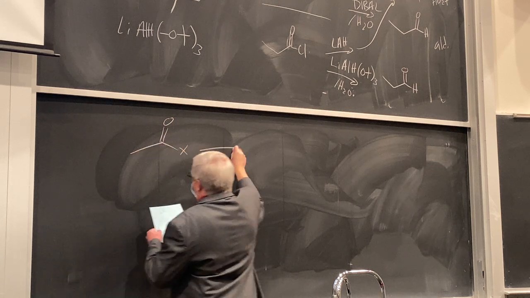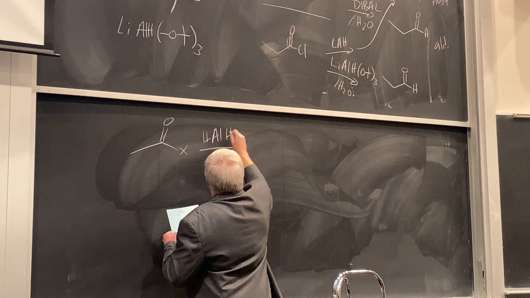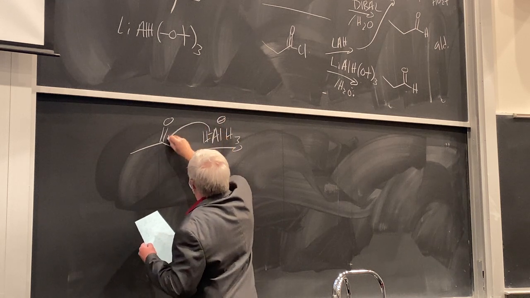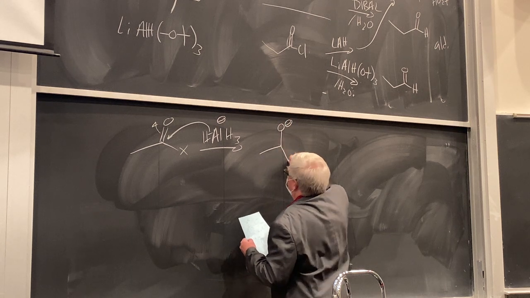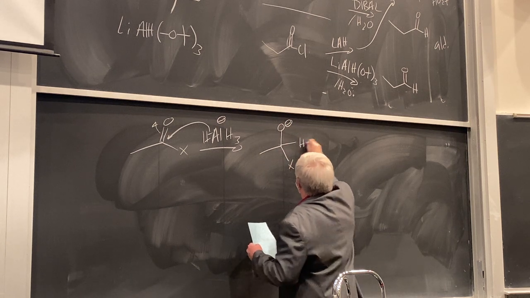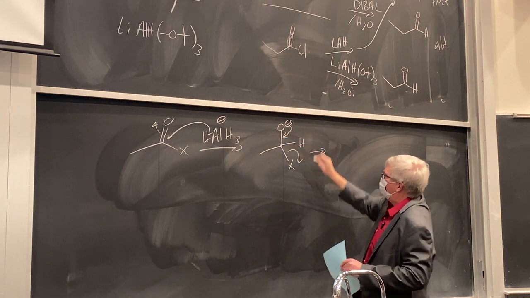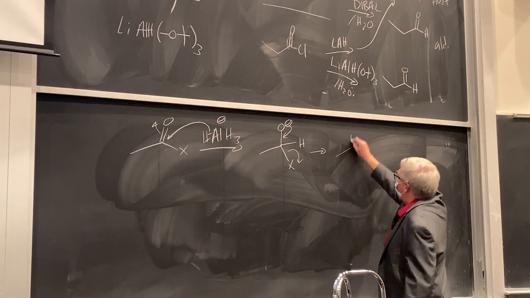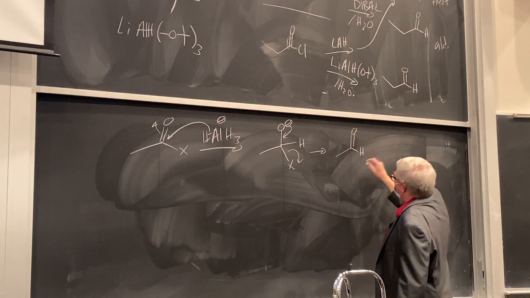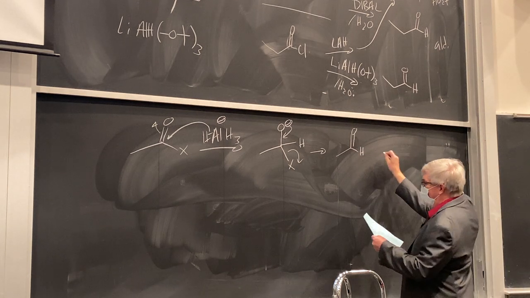So X here, and you've got aluminum, and I'll draw kind of one off here. So the mechanisms are really all the same, only you have what? On your tetrahedral intermediate now, you have the ability to lose that leaving group and what? Generate an aldehyde. The aldehyde is very susceptible, what? To more hydride being added, right?